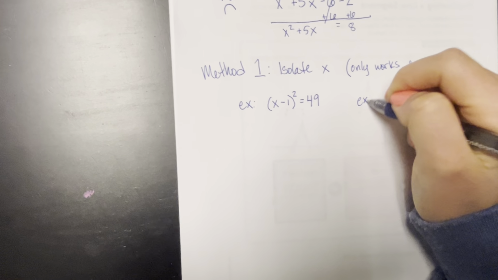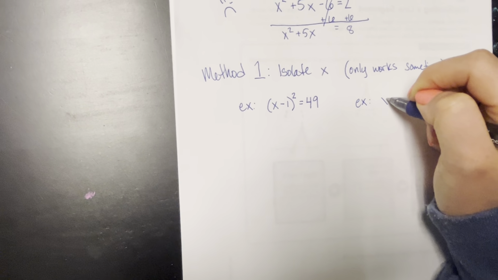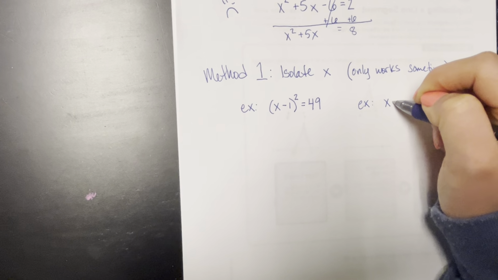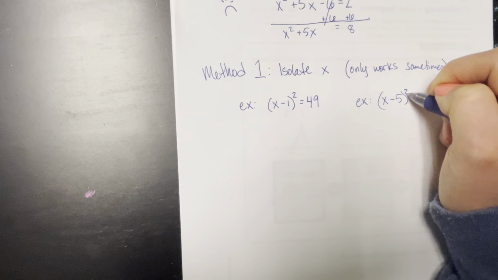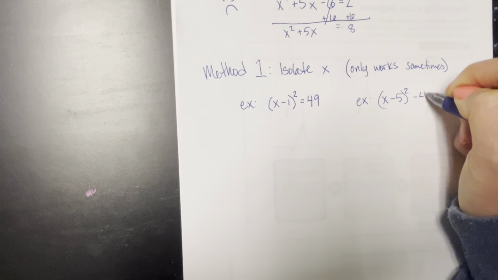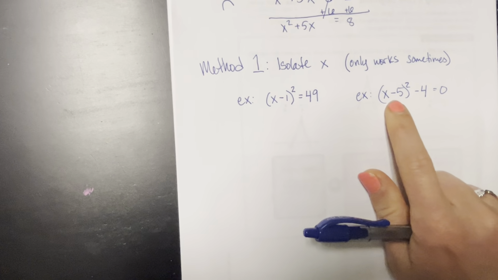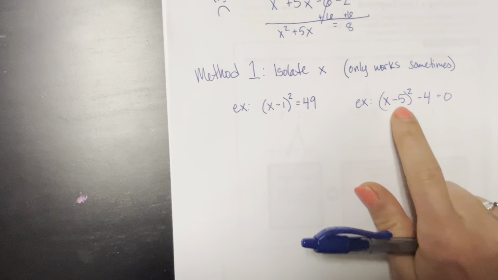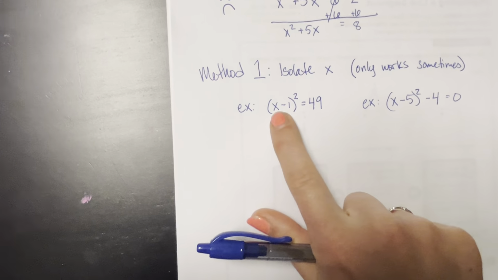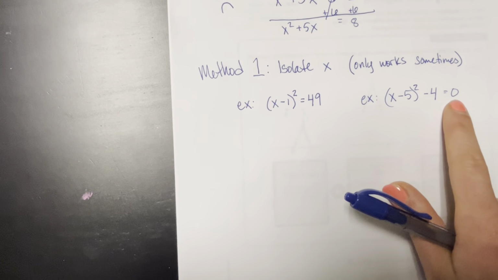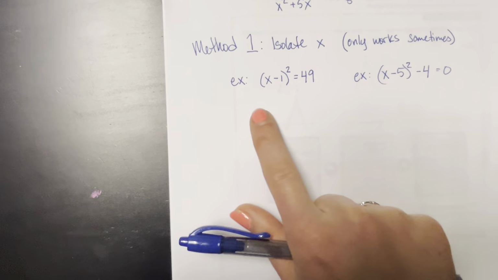I guess the second example would be x minus 5 squared minus 4 equals 0. So this is shifted right 5, down 4, and then right 1. It's off because we're supposed to set it equal to 0. But you can solve this by doing inverse operations because there is only one x.